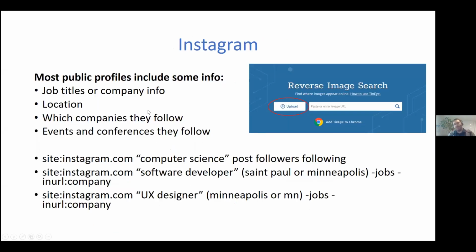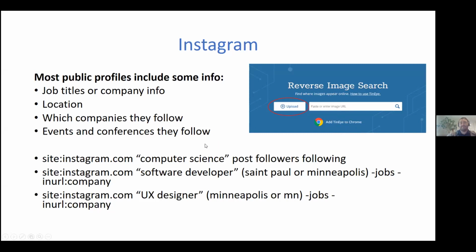And another one too, going back to image sourcing, you could do the same thing for Instagram. You could do a site search. You could search for degrees, like I did here, site Instagram computer science, post following, Instagram title, location. I don't want to look for jobs or companies in my search. And then you could also use TinEye, the extension, to reverse image search profiles as well.